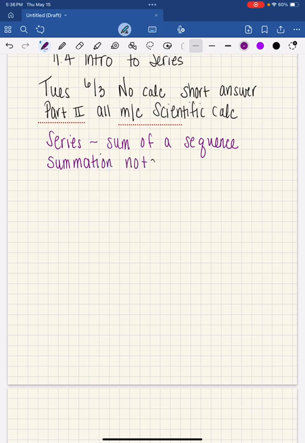Summation notation is represented by the Greek capital letter S, and this stands for sigma. It means sum, so as soon as you see this symbol, it means sum.